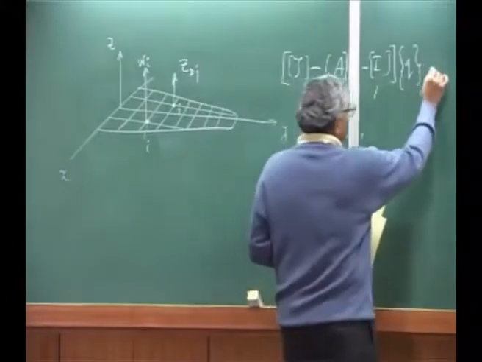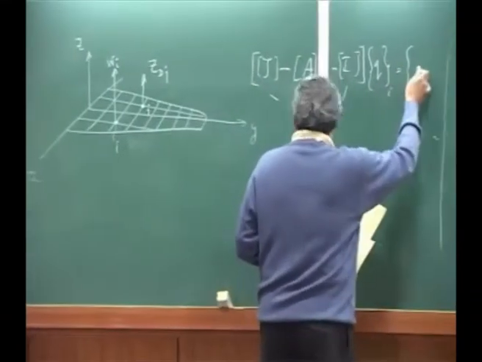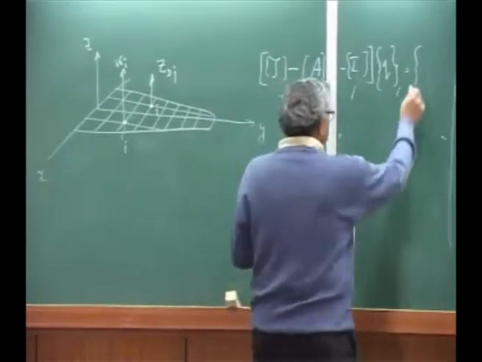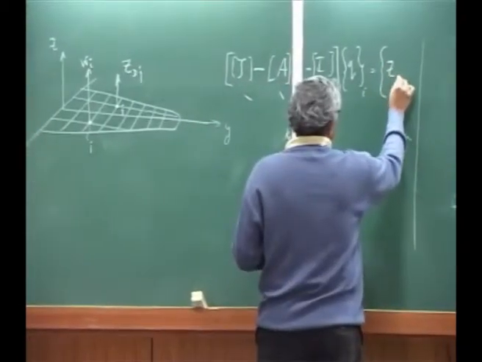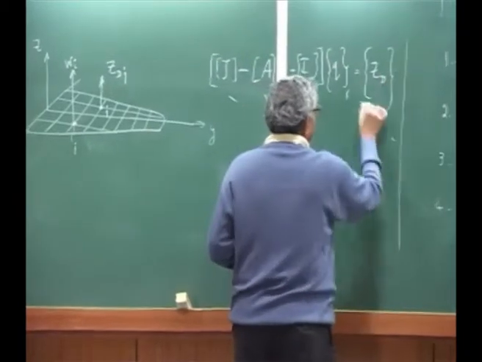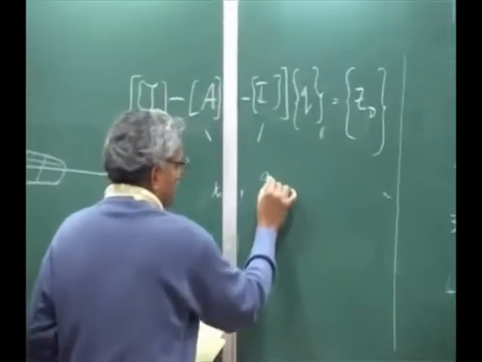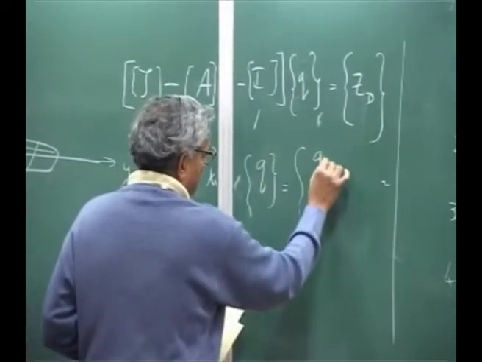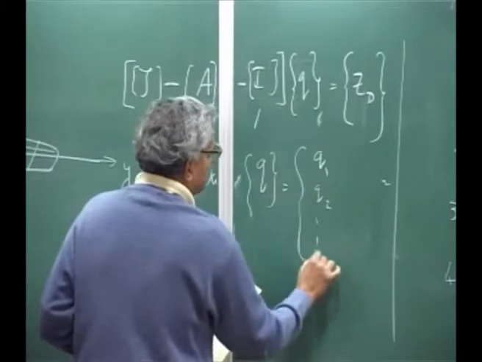This is equal to my generalized force, which here I put as Zd. This Q is a vector which contains Q1, Q2, etc., Qn.